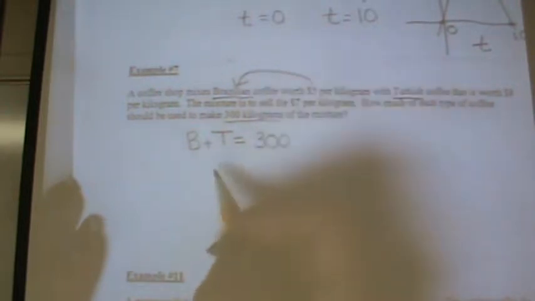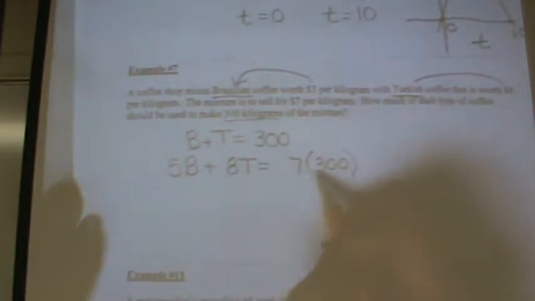How much is the Brazilian coffee a kilogram? 5. And how much is the Turkish coffee? 8. So 8T. And we want this mixture to cost $7 a kilogram.